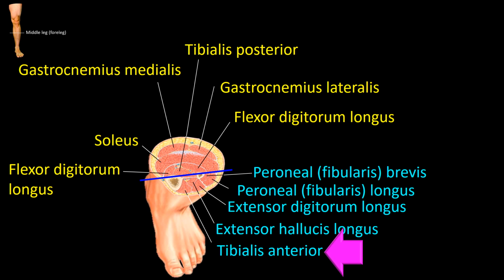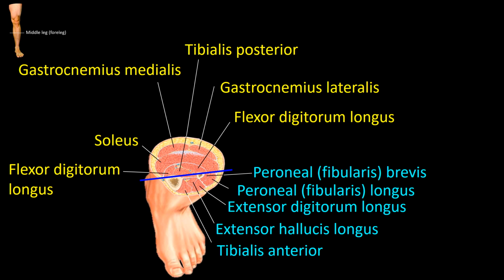Notice that the tibialis anterior, extensor hallucis longus, extensor digitorum, peroneal or fibularis longus, and peroneal or fibularis brevis are anterior compartment muscles. Notice that unlike in the forearm, the flexors are in the posterior compartment and the extensors are in the anterior compartment.